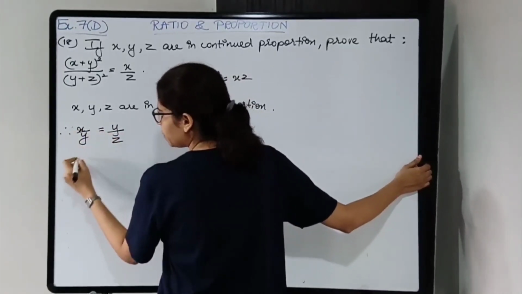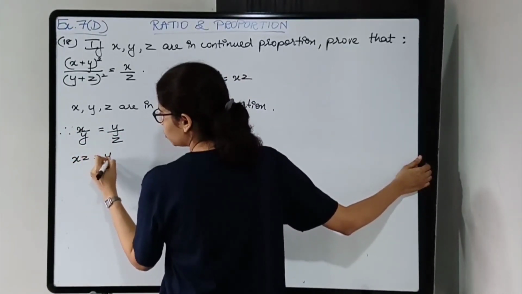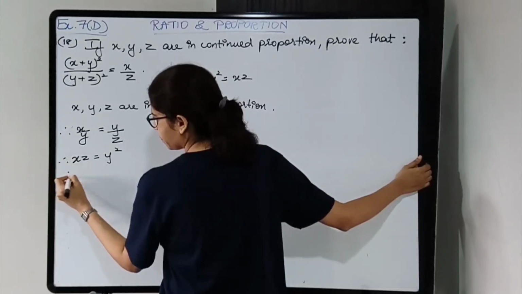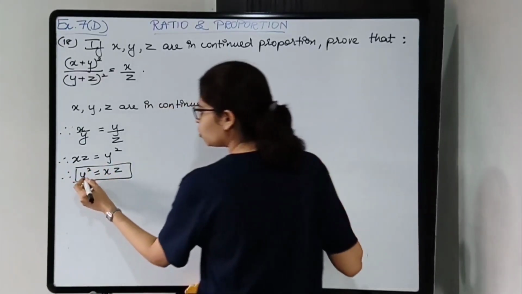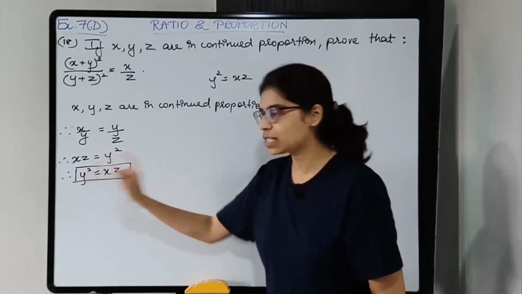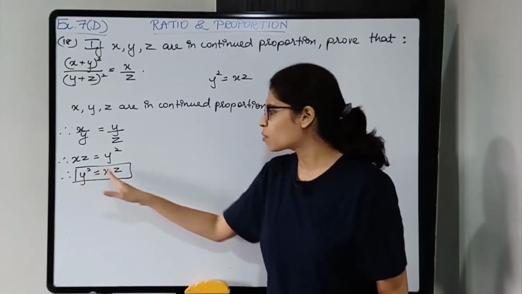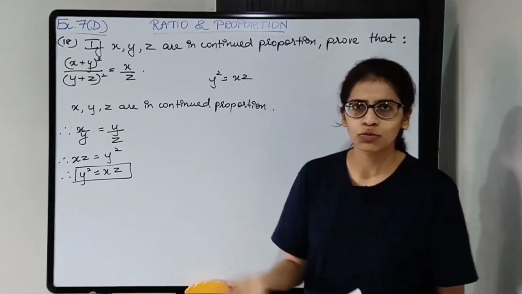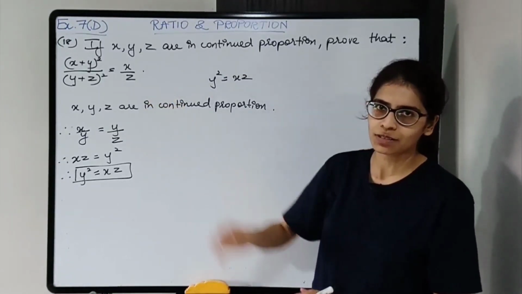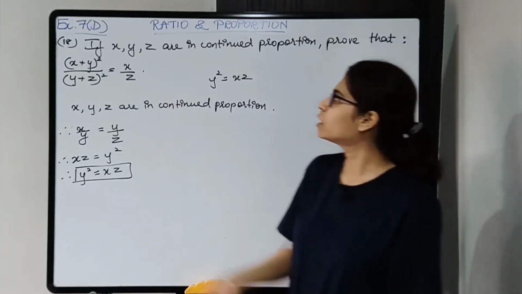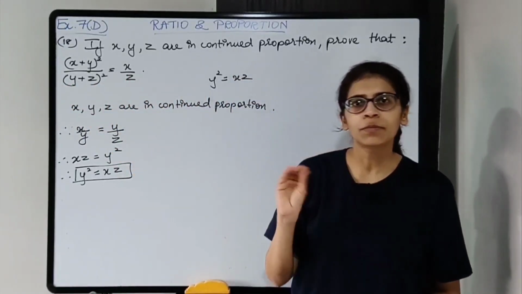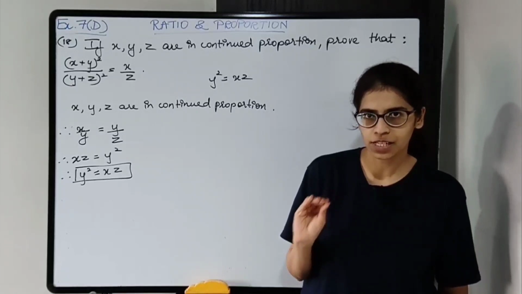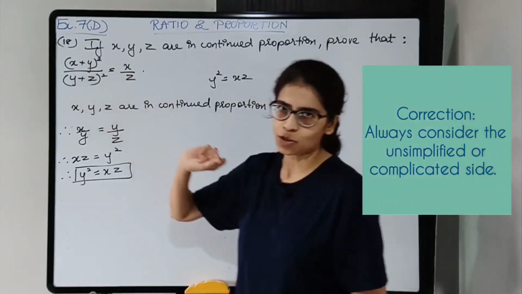Therefore, cross multiplying, xz is equal to y square. That is, y square is equal to xz. We'll use xz in place of y square, or y square in place of xz, depending on how you need to get the RHS. Okay, so we'll consider LHS. RHS is already simplified, you will never consider the simplified part for proving. So always consider LHS.